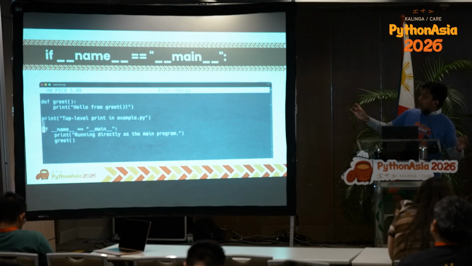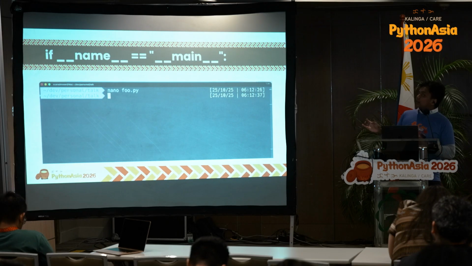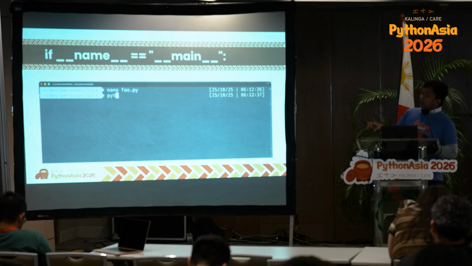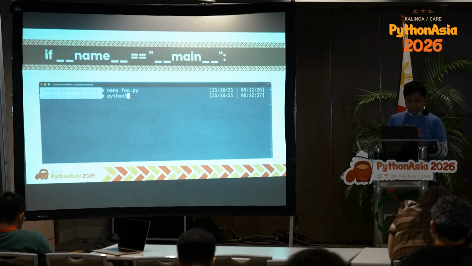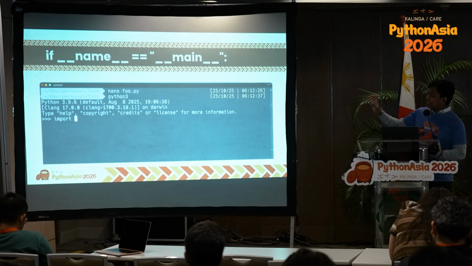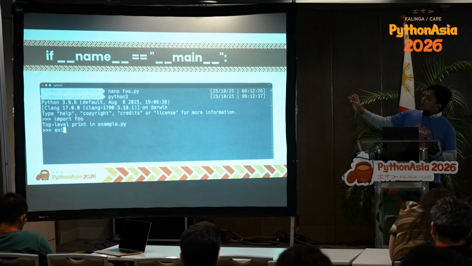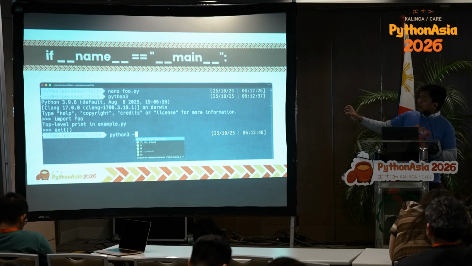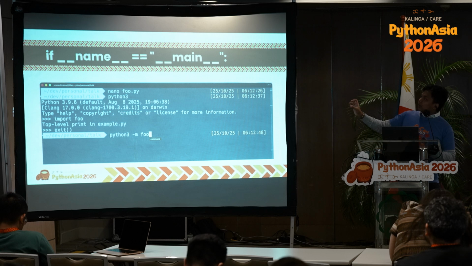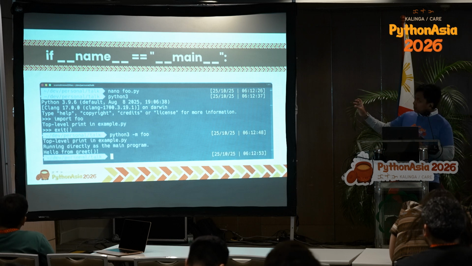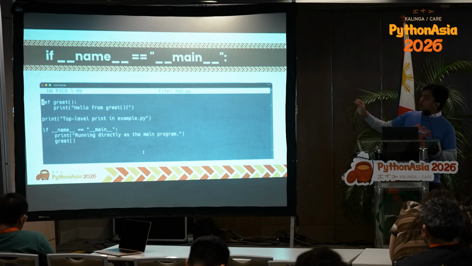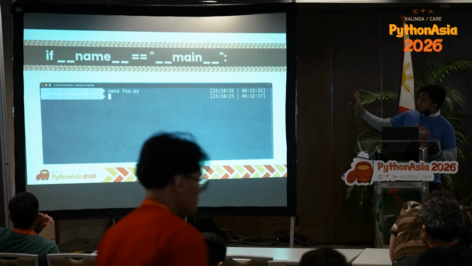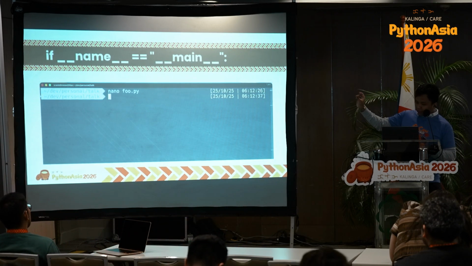So the double underscore name, if I remember it right, since I wrote this last year, is actually referring to your Python file, what you are actually running. So are you running it as a script or on the Python interactive shell?